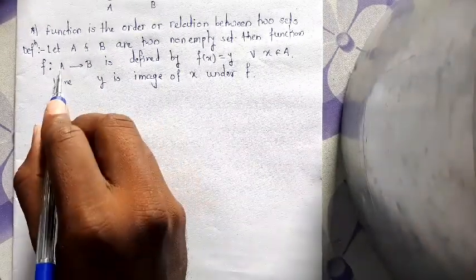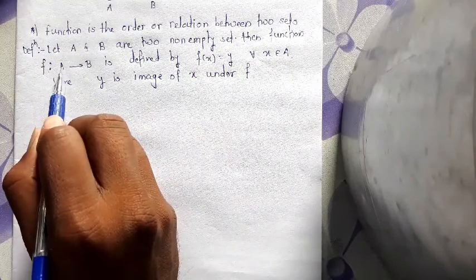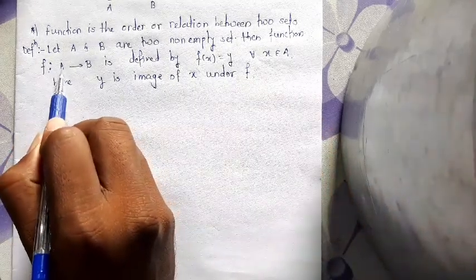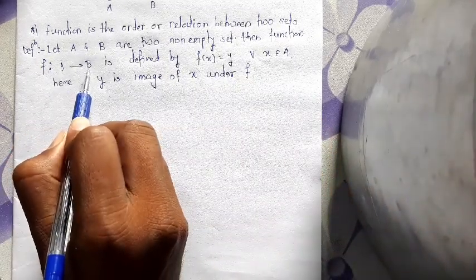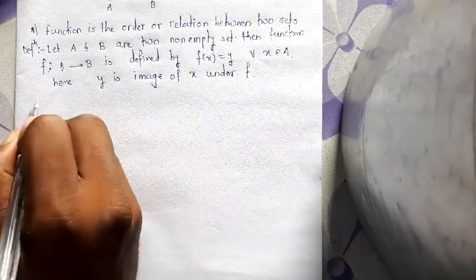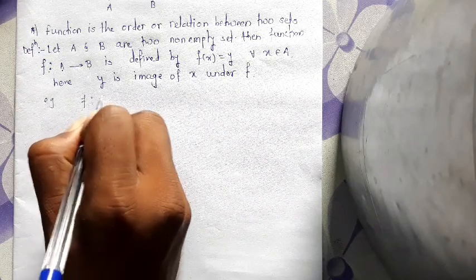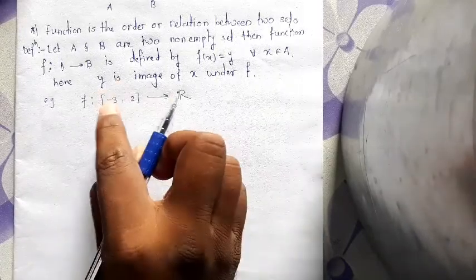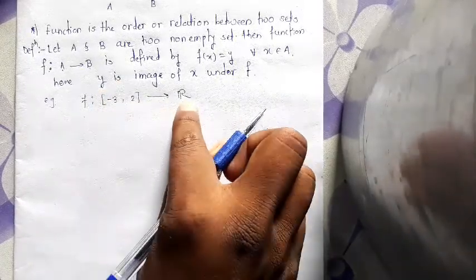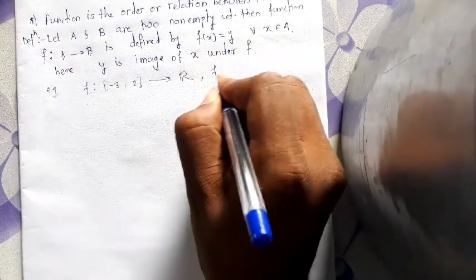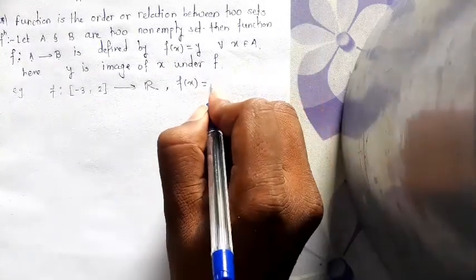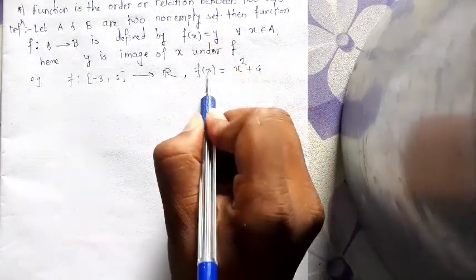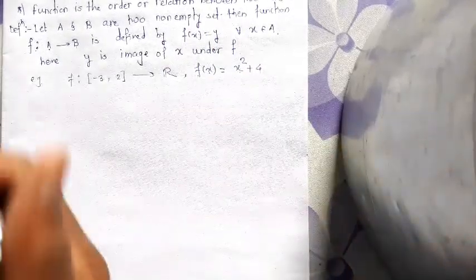Revision: a function is the relation between A and B, where A and B are two non-empty sets, and for every element in A we have the image in B. For example, take f from the closed interval -3 to 2 to the real number set, defined by f of x is equal to x square plus 4. This is the relation, the order: after putting x in f, first take its square, then add 4, and whatever answer comes, that is the image.